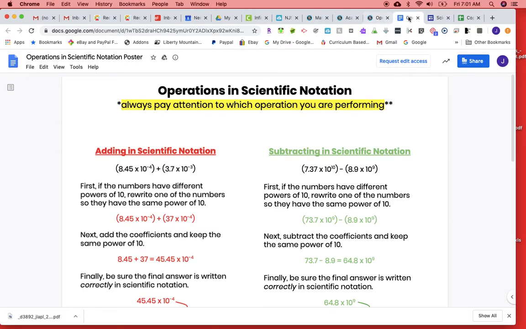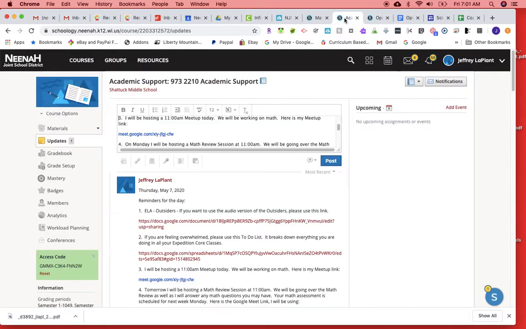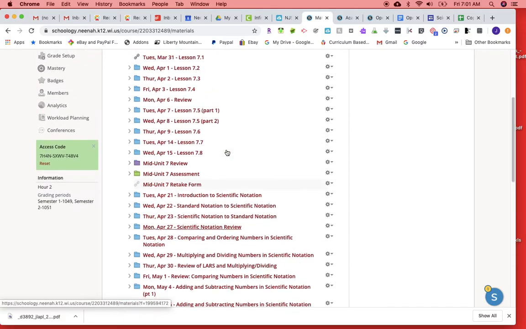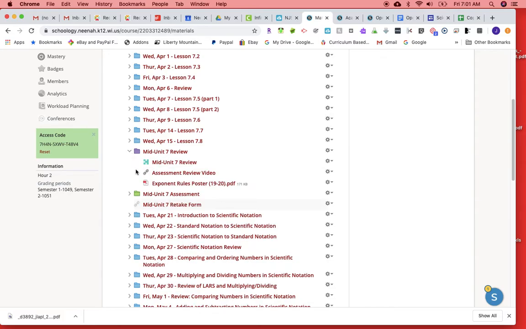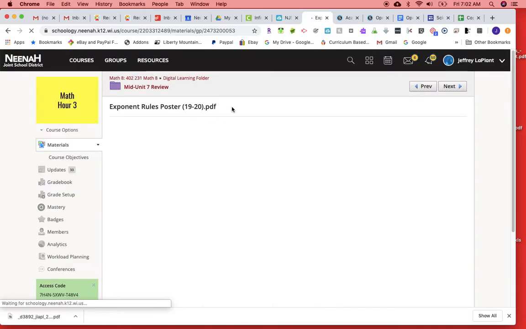All right. The other one that might help you, come to think of it now, so let's go to Miss Bonet's, and it was for helping you prep for the assessment, the first assessment of Unit 7. So if we go to review and this exponent rules poster. So if you want to open that one up as well.